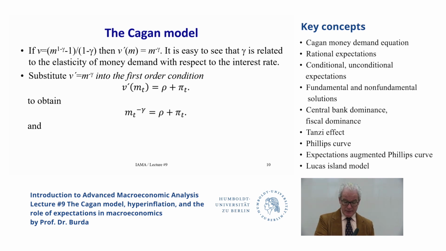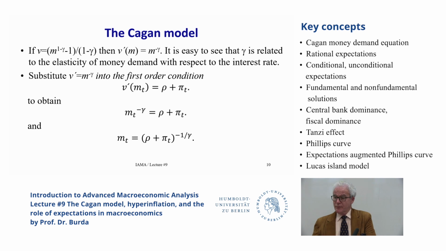And gamma is a positive parameter, so you can see that immediately we have an invertible function and an implied demand for real balances. So real balances will be a negative function of the sum of the subjective discount rate of our household in the Sidrauski model plus the inflation rate that the household is facing.